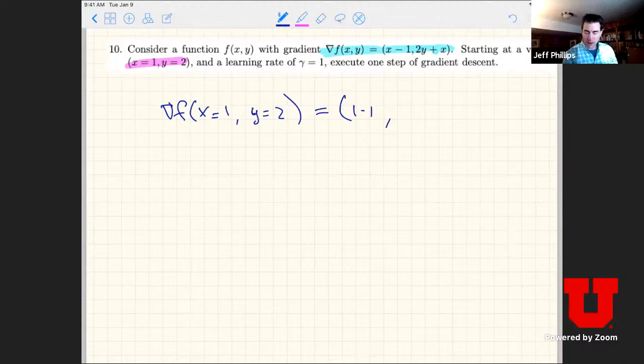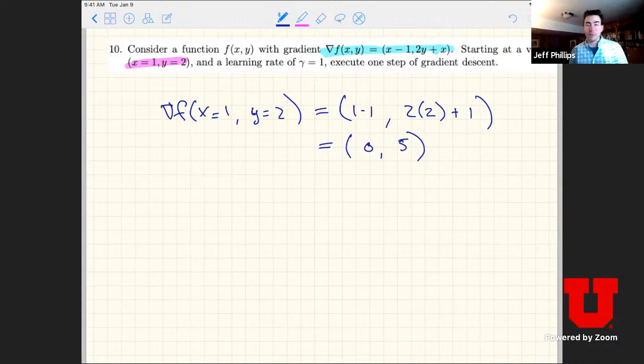Then 2y plus x is 2 times the value of y plus the value of x, which is 1. So this is conveniently 0, and 4 plus 1 is 5. So this is the gradient at this point.